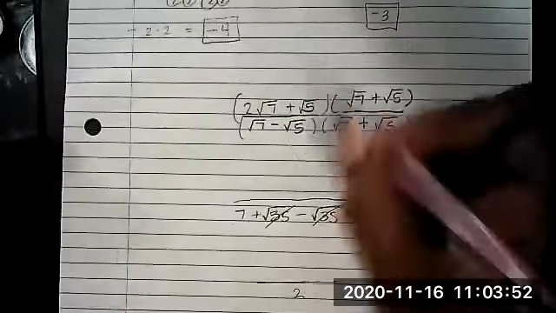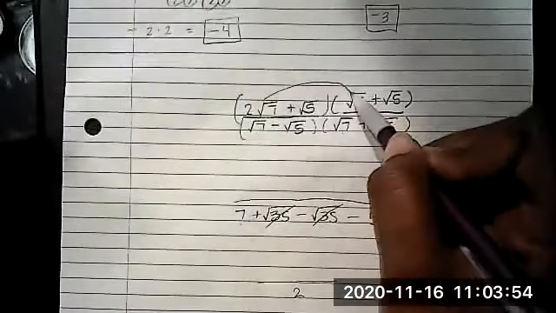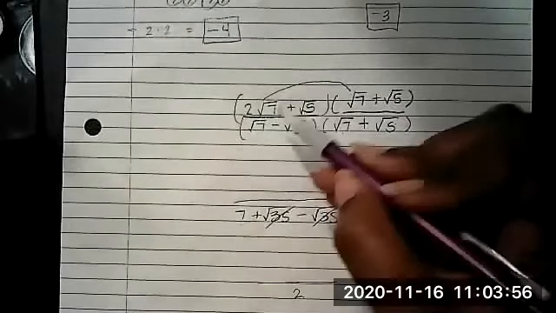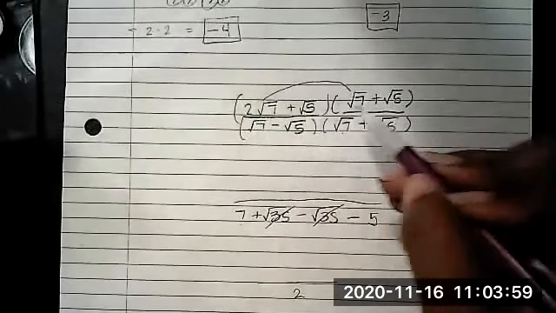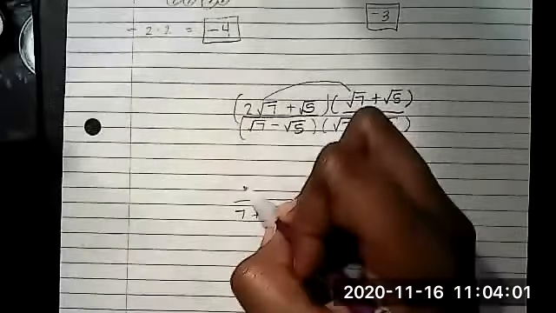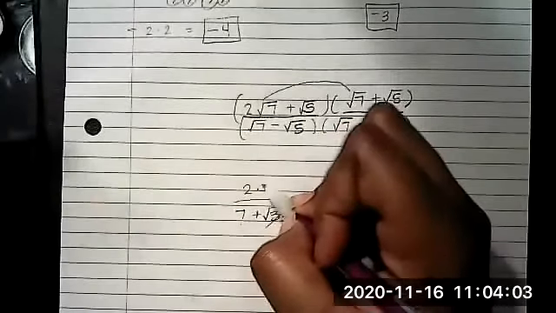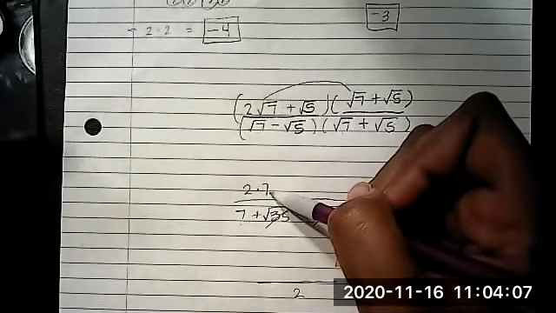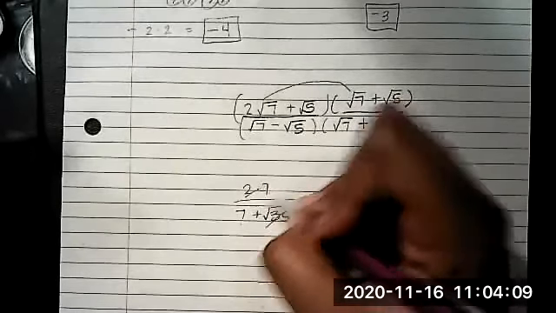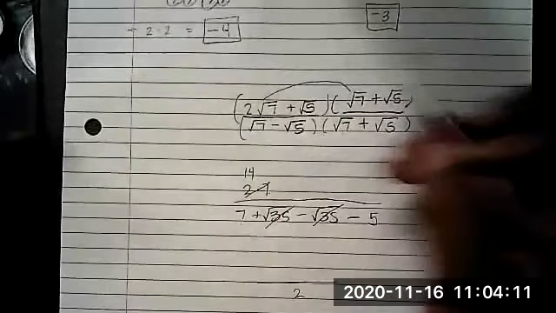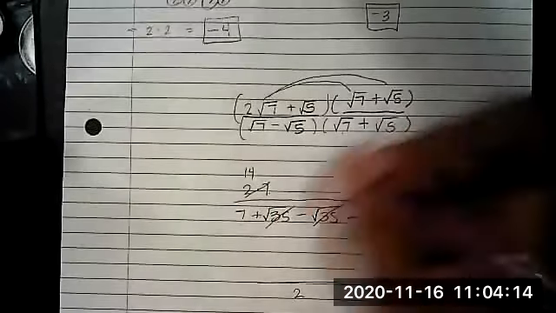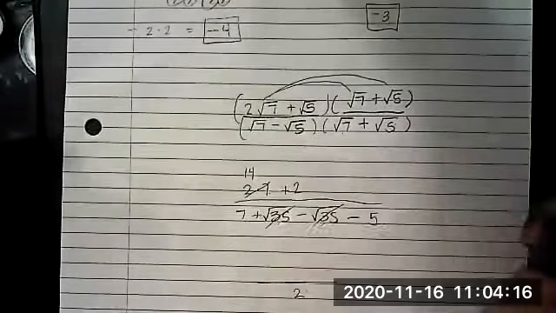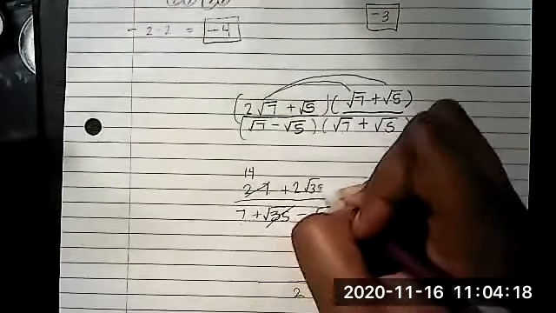Now let's look here. 2 times the square root of 7. Okay, 2 times square root of 7 times the square root of 7. Of course, the 2 just becomes 2 on the outside, but those 2 become 7 on the outside because square root of 7 and square root of 7 is just 7 on the outside. Right? And of course, that becomes 14. 2 times 7 is 14. Then when you multiply that times that, that becomes 2 square root of 35.